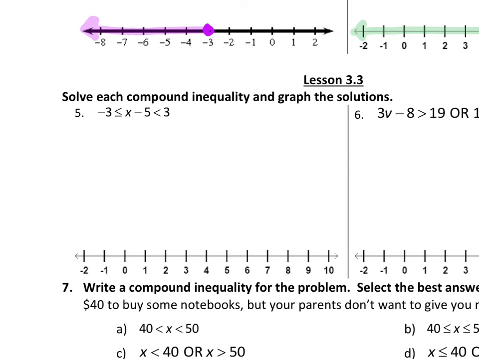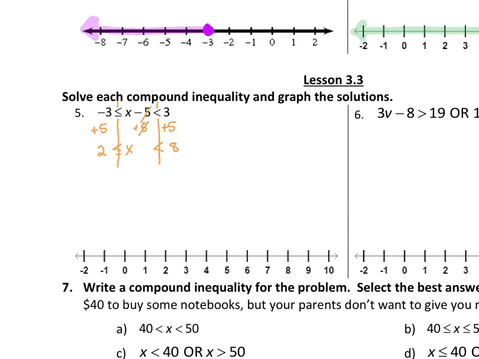Question 5 starts Lesson 3.3 with our compound inequalities. So draw your lines down the two inequalities and work from the inside out. Add 5 to all three sides, the right side, the left side, the inside. It will cancel out of the middle, and over here I've got 2 is less than or equal to x, which is less than 8.